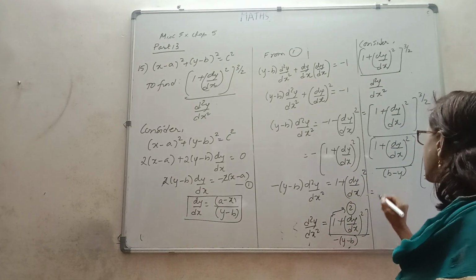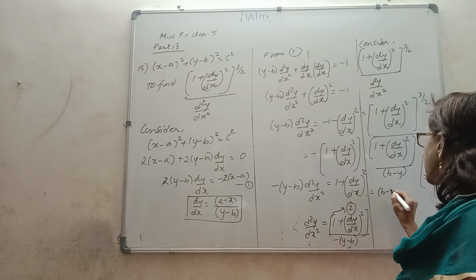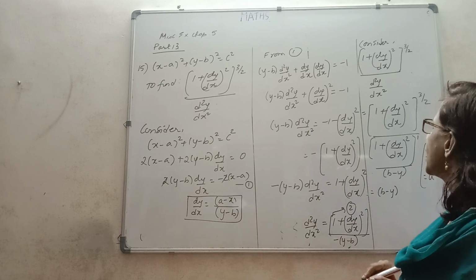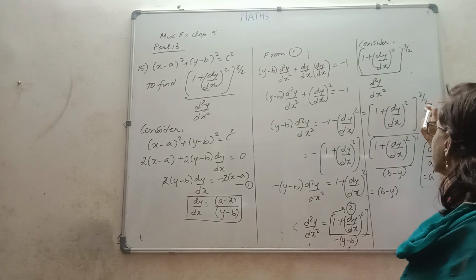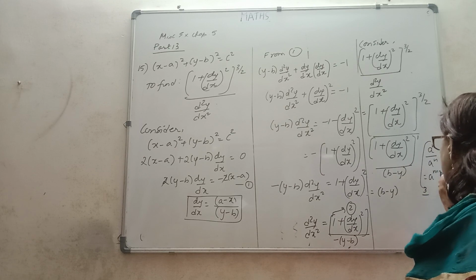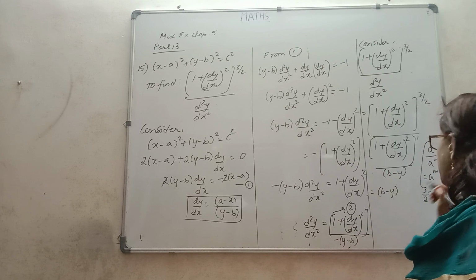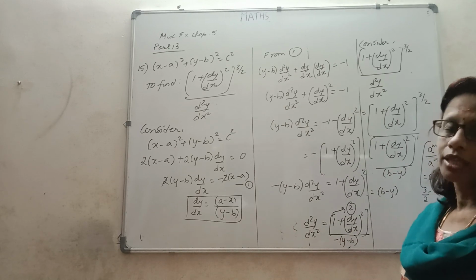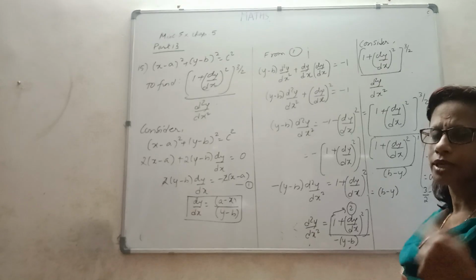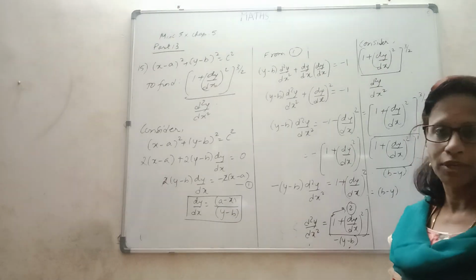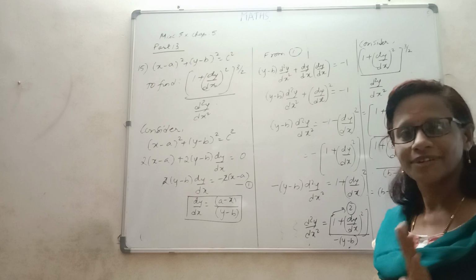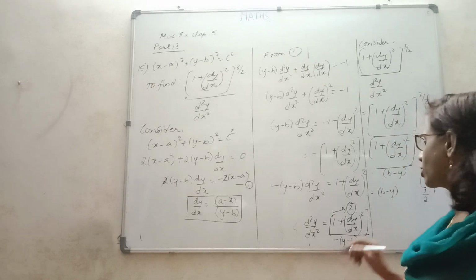So like that, we will get b minus y in the numerator, and the power is 3 by 2 minus 1, because you use this law. 3 by 2 actually is 1.5. So by common sense, 1.5 minus 1 is half. Otherwise you use your fraction logic.